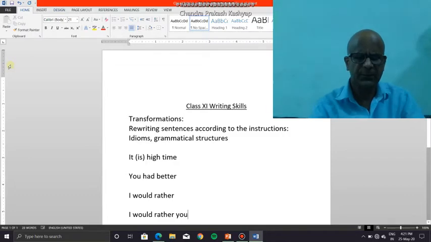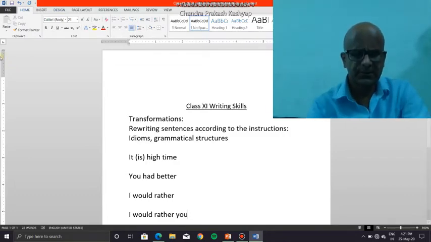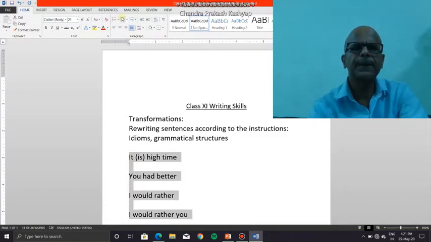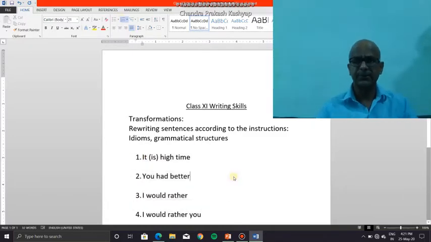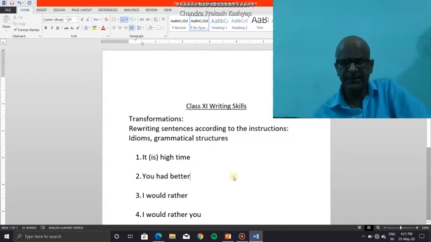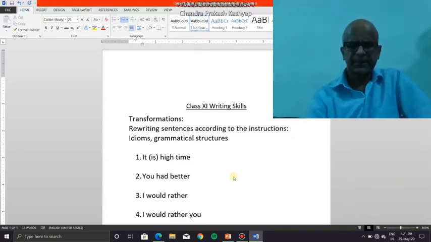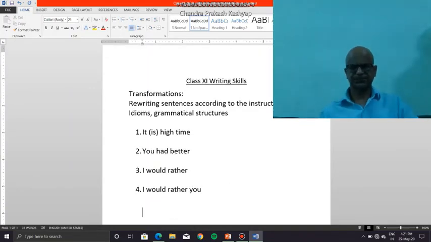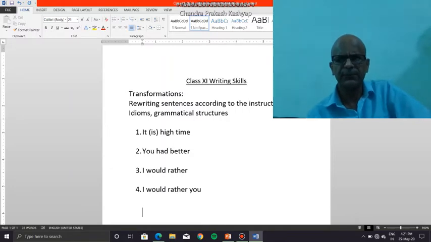All these 1, 2, 3, 4, all these structures, they are idiomatic, and you may argue that they are purely grammatical, but idiom and grammar, English grammar, do not go hand in hand. We'll come to these structures, important structures, in a very short while.